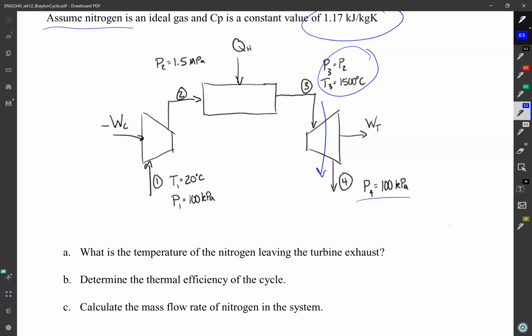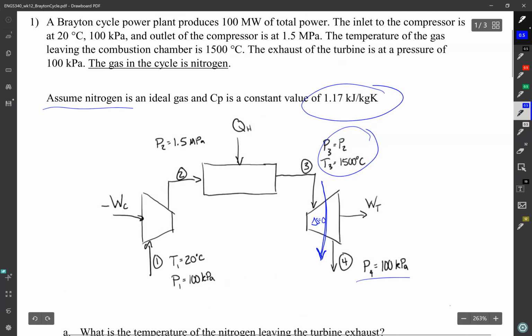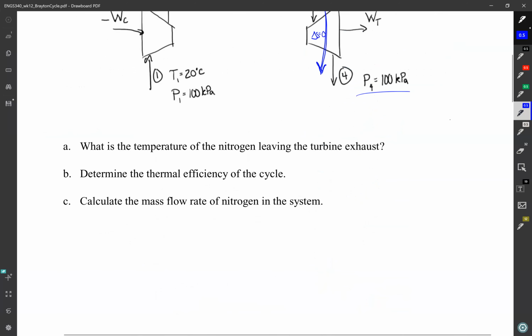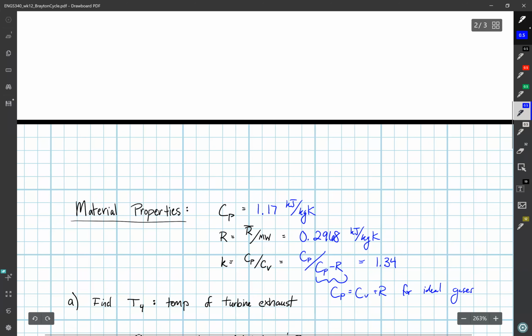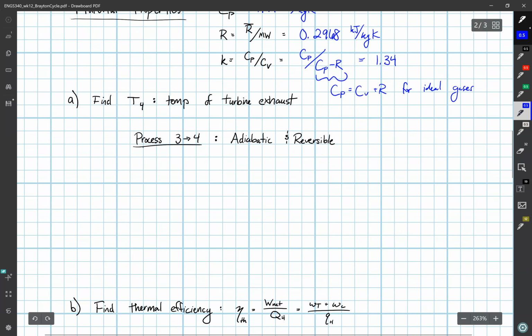We also know something about this process: the process from 3 to 4 is adiabatic and reversible. What that means is that's a delta S equals 0 process.